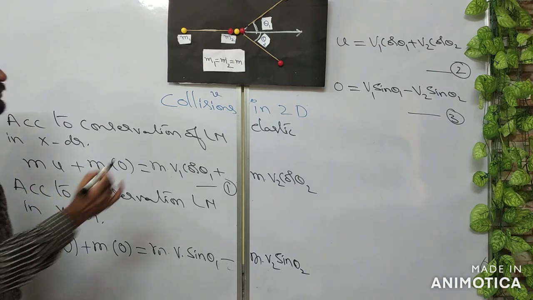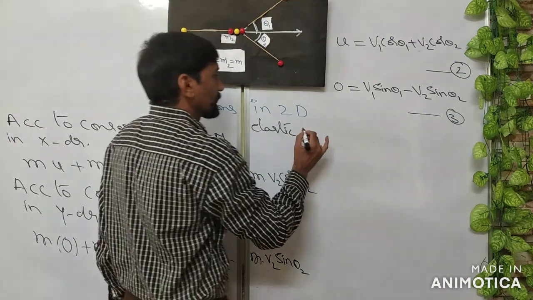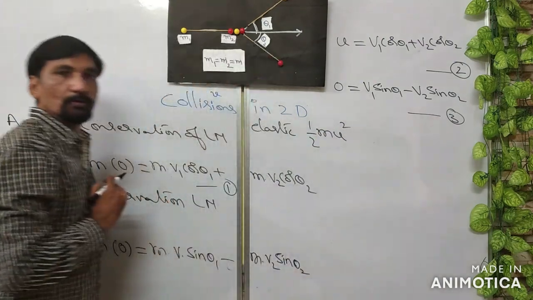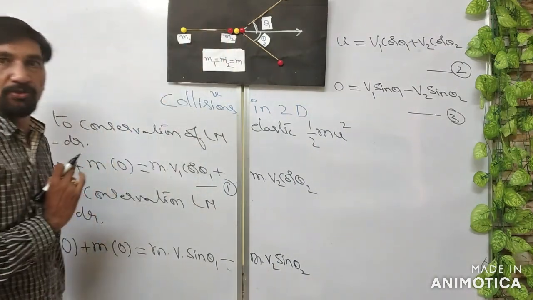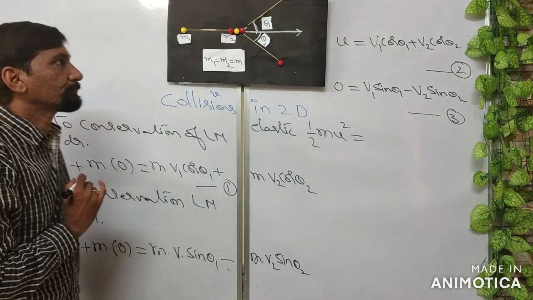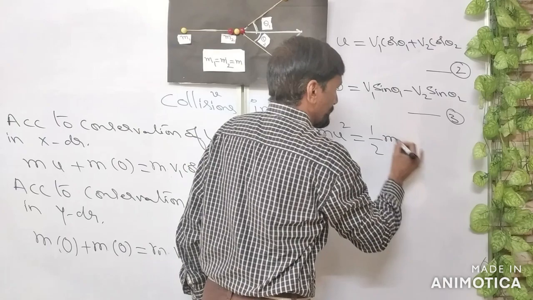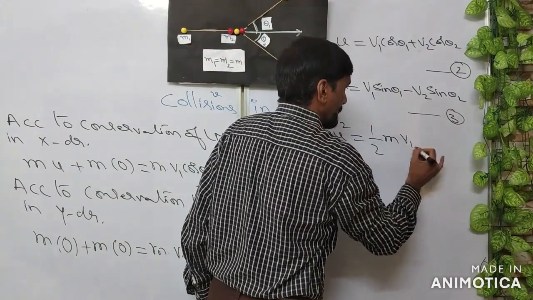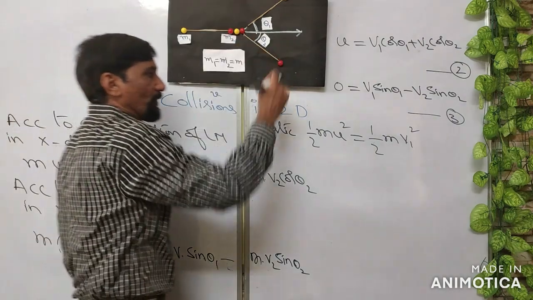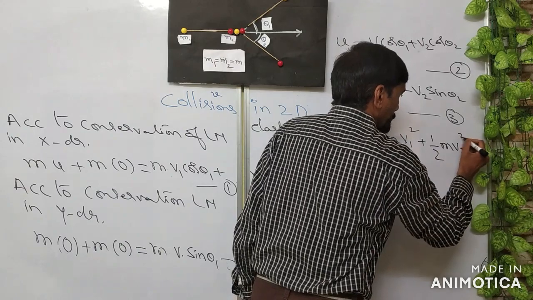In the beginning, only the first body is moving, so that is why half m u square. The second body is at rest, so it is not taken. That is equal to, after the collision, the first body's velocity changed to v1, so half m v1 square plus the second one, half m v2 square.